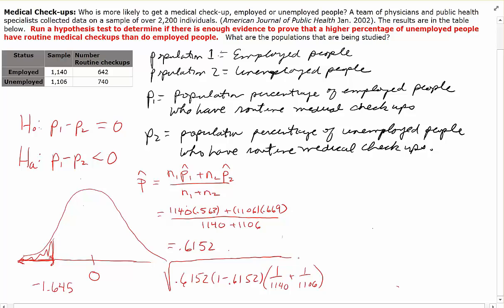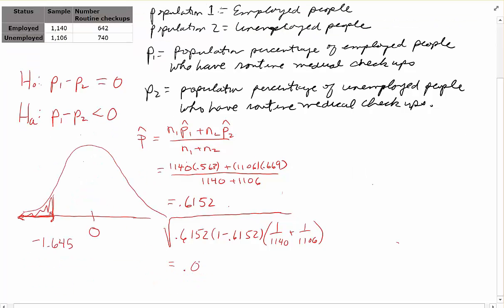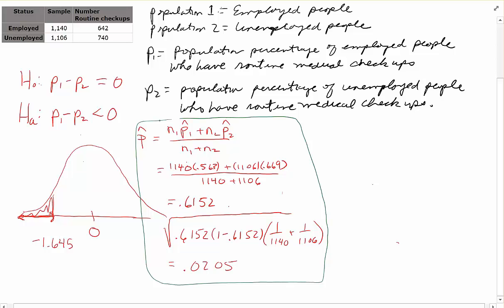And then calculating this, I get 0.0205. So just to get the standard deviation of the sampling distribution, I have a two-step process. In some ways it's similar to doing the t-distribution for means when you have two populations. Very similar type of process.